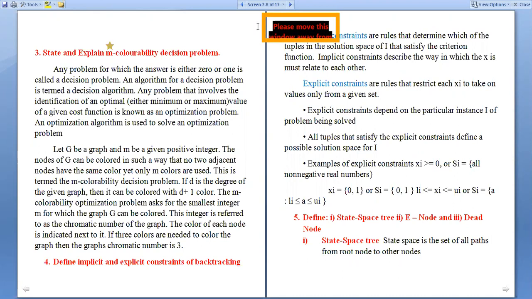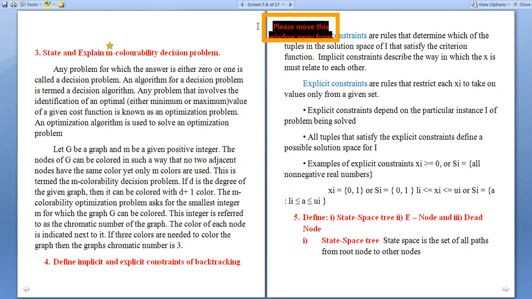Any problem for which the answer is either 0 or 1 is called a decision problem. An algorithm for a decision problem is termed a decision algorithm.